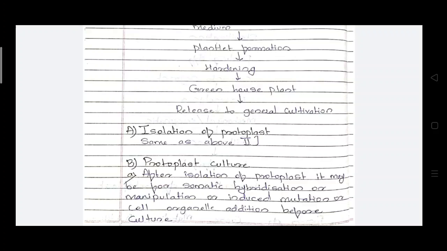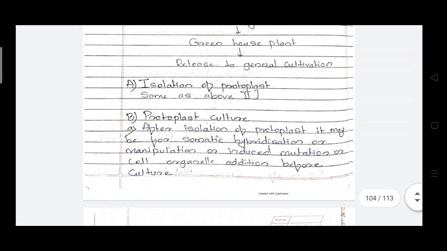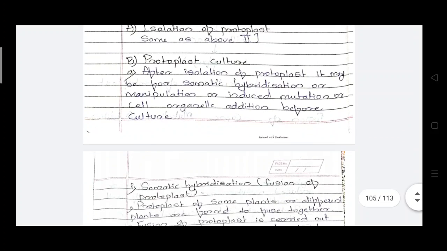In this way we get the plantlets. So the first step is the isolation of protoplast; that procedure we already discussed in previous videos. Then the second step is protoplast culture. After isolation of the protoplast, there may be somatic hybridization, manipulation, induced mutations, or cell organelle addition before culture.